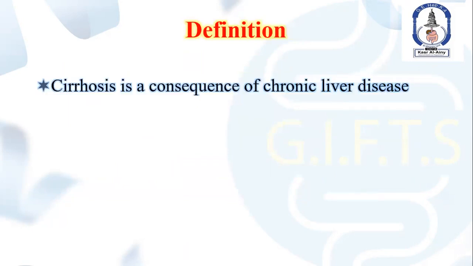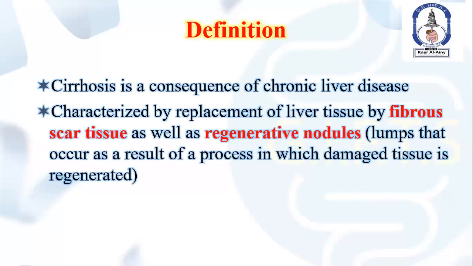So let's have some definitions. First, cirrhosis is a consequence of a chronic liver disease, because we need chronic damage to the liver for cirrhosis to develop. So how does cirrhosis develop? It is characterized by fibrous scars surrounding regeneration nodules, which are lumps of hepatocytes trying to form new hepatic cells.